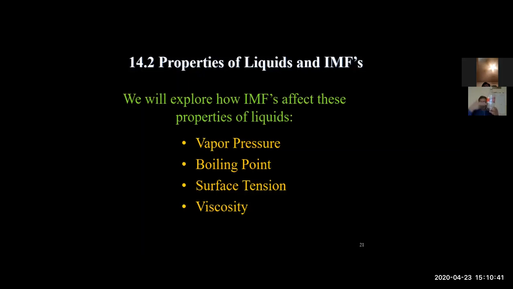Now, if I were to put a pressure gauge here in the air area, I would actually be able to measure a pressure because of the gas molecules that are in the air. That is what we call vapor pressure. Now think about this for a moment.